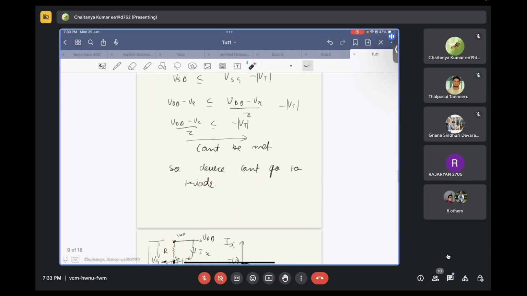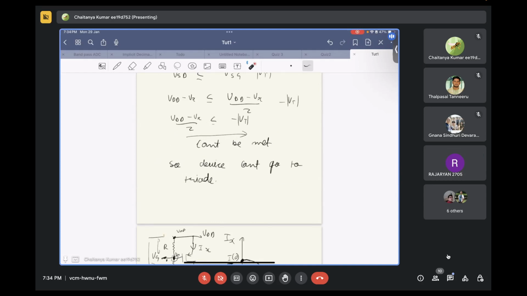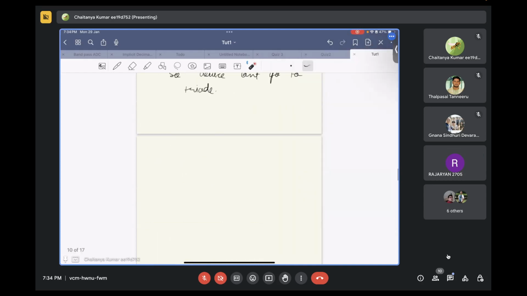Okay. Now one interesting question. We claimed that this is R1, this is R2, this is connected over here, and now you have Vx over here.